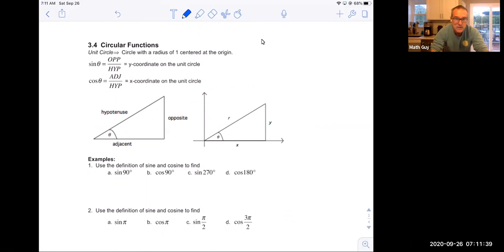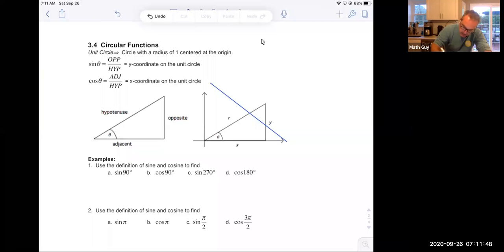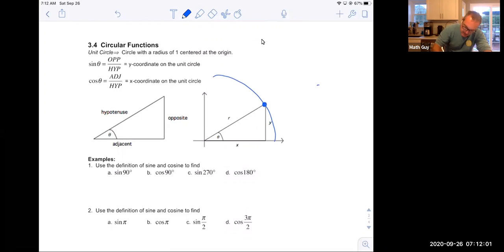But now we're going to look at it in terms of a circle. Think of a circle kind of going around here. I'll just do a part of a circle. Right there, that's the x-coordinate and the y-coordinate. And there's a tie into geometry. The y-coordinate's the same as opposite, the x-coordinate's the same as adjacent.